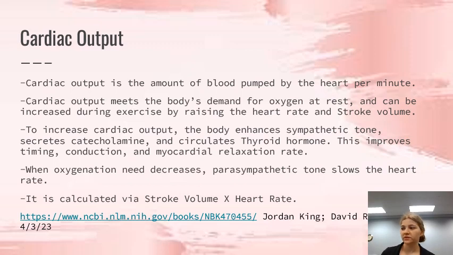So the heart's productivity is measured by cardiac output, which is the amount of blood the heart pumps in liters per minute. It can be calculated by taking the stroke volume and multiplying it by the patient's heart rate. Cardiac output is flexible with the body's demands and can increase or decrease depending on what's happening with your body, and it's crucial for self-preservation.